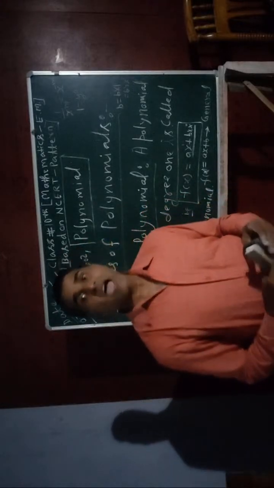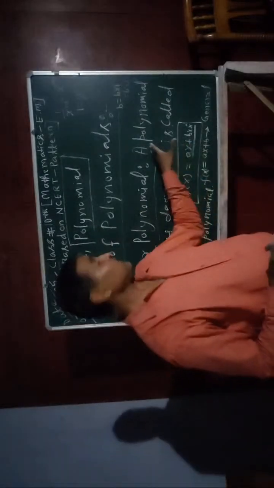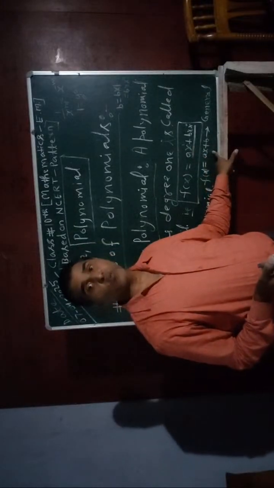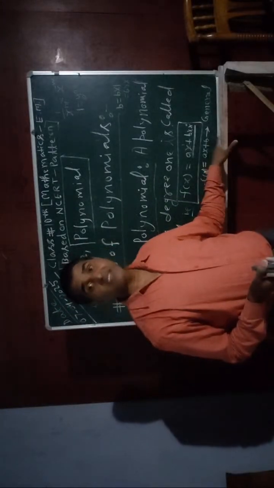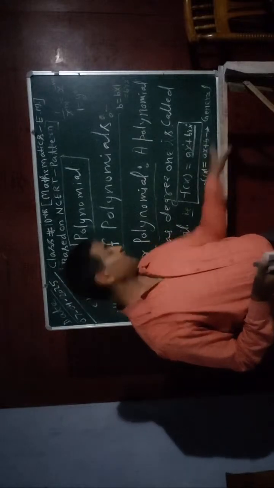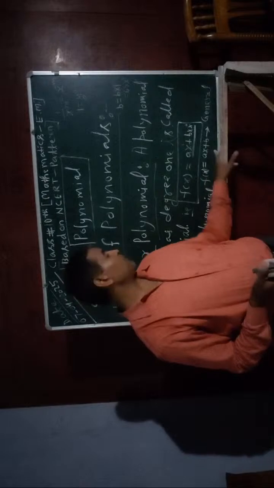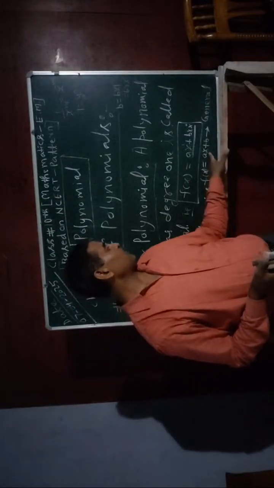The general equation of the polynomial is very simple and you have to know it very well, because a linear equation is a variable that has power 1. Here f of x is also written as y. This is the function, and this function has one domain and one range. Domain is x and the range is y. So f of x is equal to ax plus b.